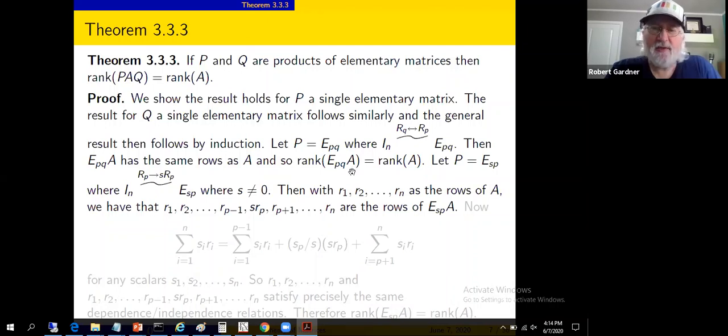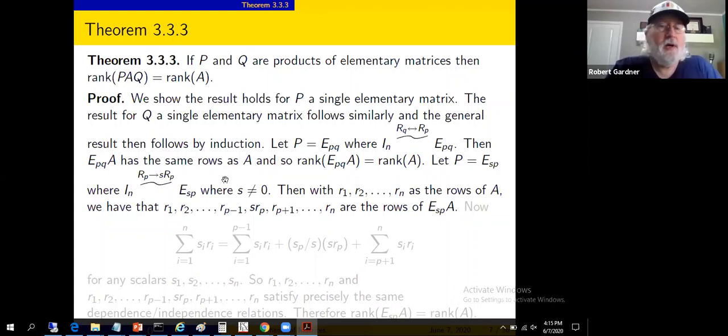The rank of this product, E sub PQ times matrix A, would be the dimension of the row space of this product. But wait, the rows of matrix A are the same as the rows of this matrix. The only difference is they're in a different order. So no surprise, the linear independence is all going to be the same. Linear dependence is all going to be the same. You've got the same row vectors, they're just in a different order. Kind of similar to some other stuff we saw.